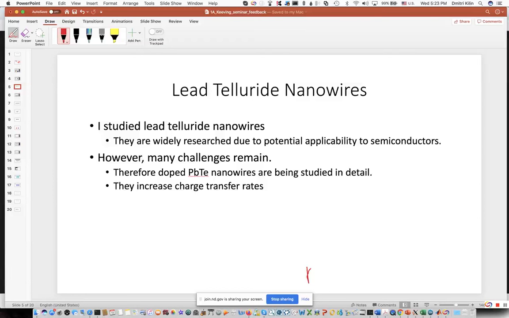Its thermoelectric figure of merit, which is a measure of how well the thermal effect is conducted inside the material, is higher than most other materials. So lead telluride is looked at as a potential thermoelectric material.